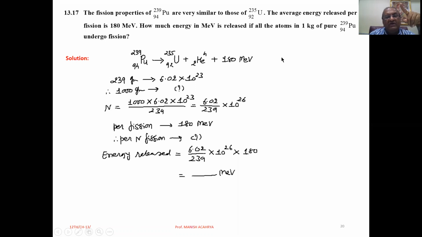When one fission takes place, we get 180 MeV energy. Then for n fissions, the energy released is 6.02 upon 239 into 10 raised to 26 multiplied by 180 MeV.